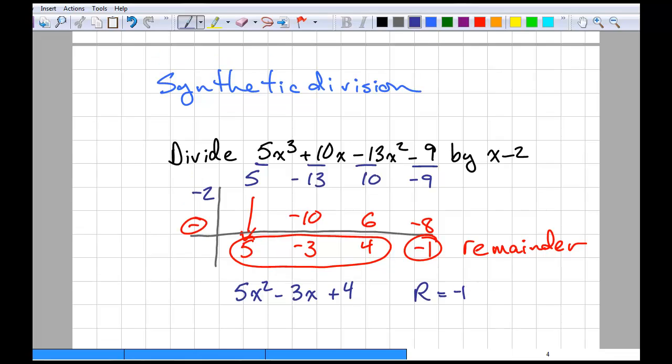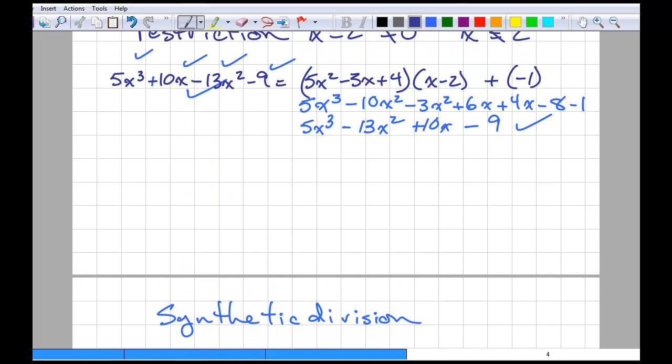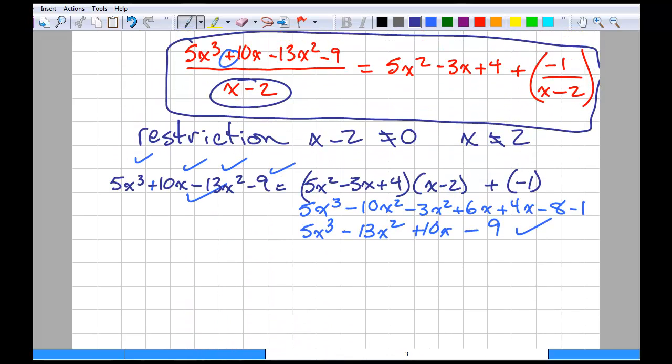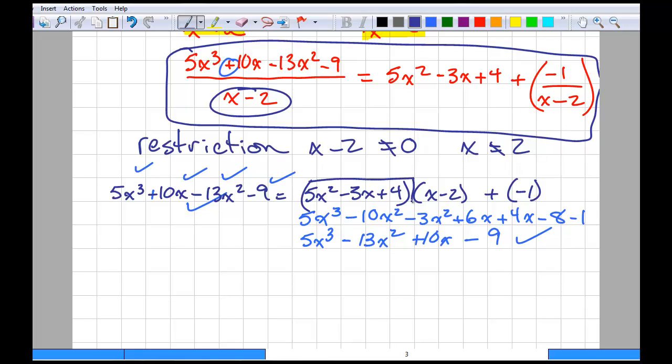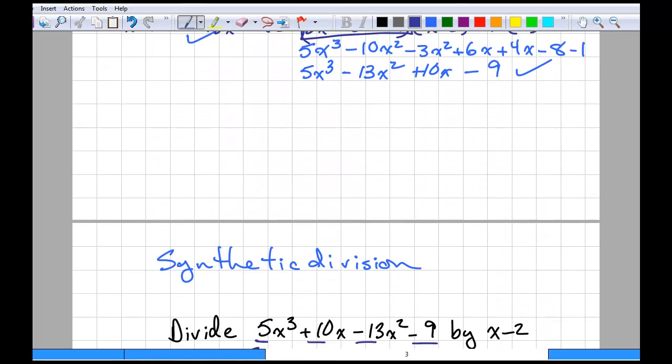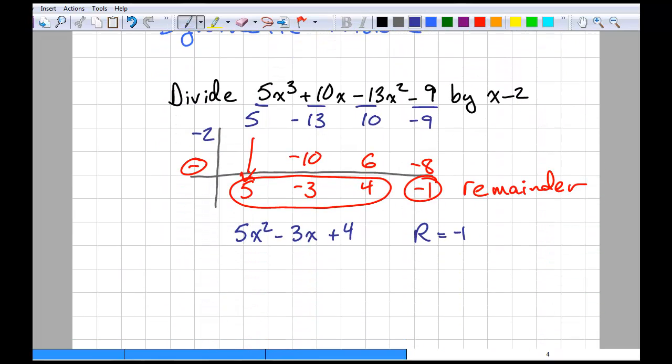And if we look back at the previous question, 5x squared minus 3x plus 4, we've got exactly the same answer. 5x squared minus 3x plus 4. In what I believe to be a significantly faster way.